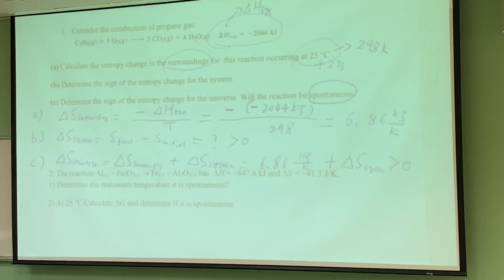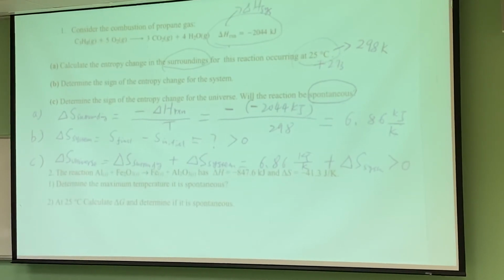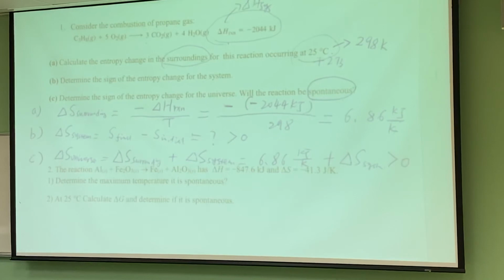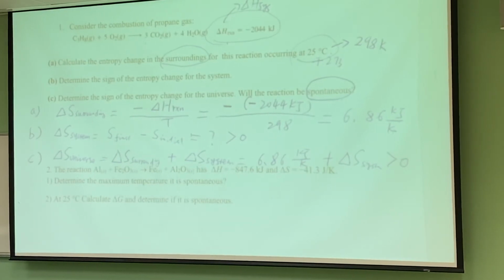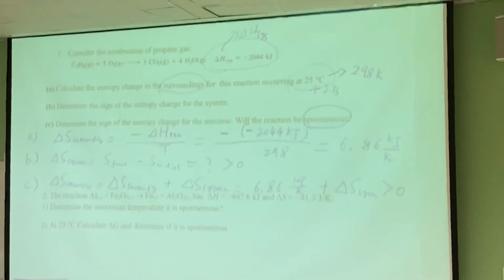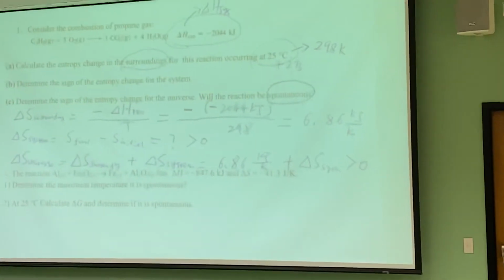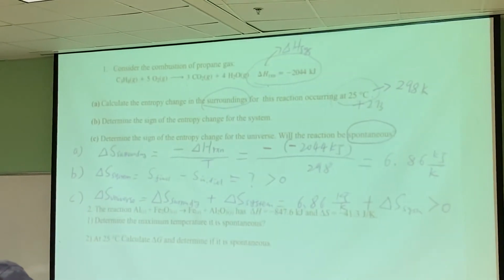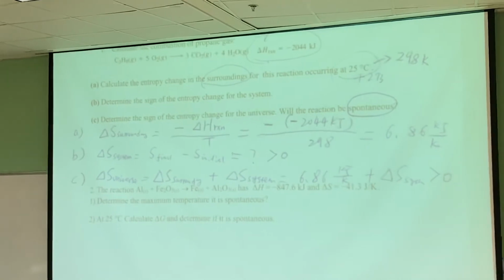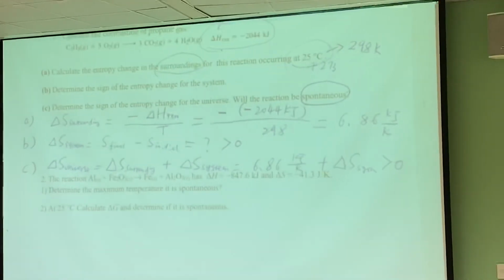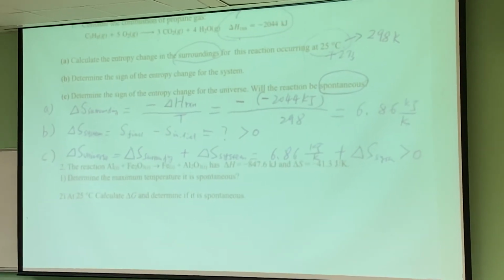So next, I'm going to start a little bit on Gibbs free energy. At least next class, we're going to talk about Gibbs free energy. Quickly give you the definition for Gibbs free energy.